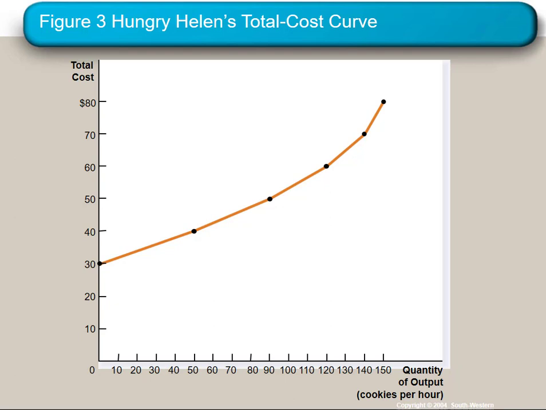So this increasing total cost is a direct result of the diminishing marginal product. I'll say that one more time. Increasing total costs is a direct result of diminishing marginal product. As long as we have diminishing marginal product, we're going to see this upward sloping total cost curve.